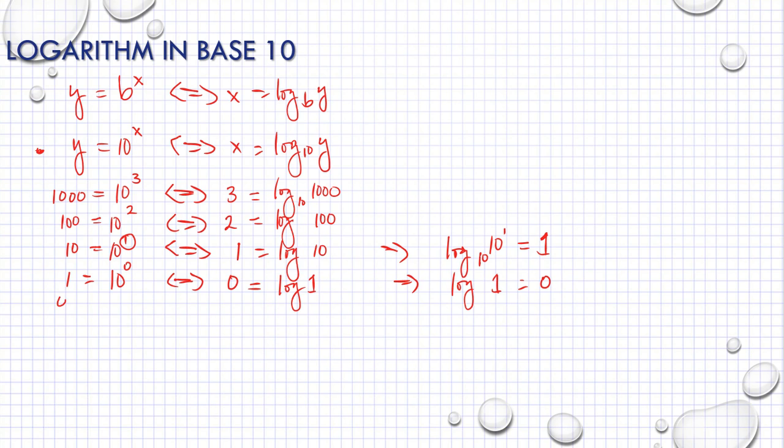Then if we continue, 0.1 is equal to 10 raised to negative 1. I use the comma, which we are using here in Sweden. 0.1 is 10 raised to negative 1, if and only if negative 1 is equal to the logarithm of 0.1.